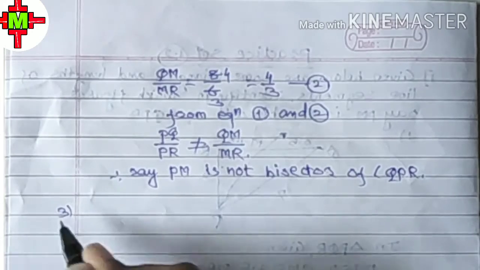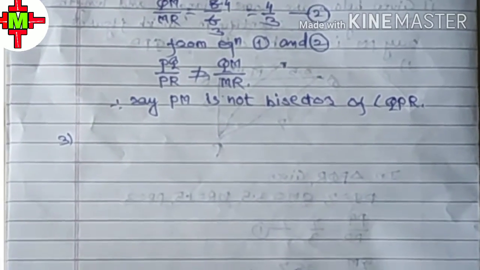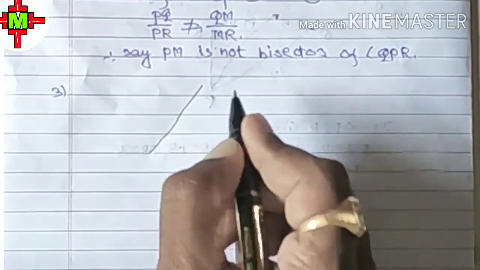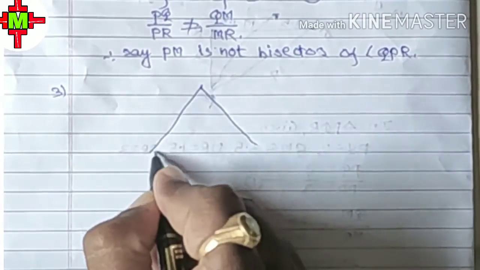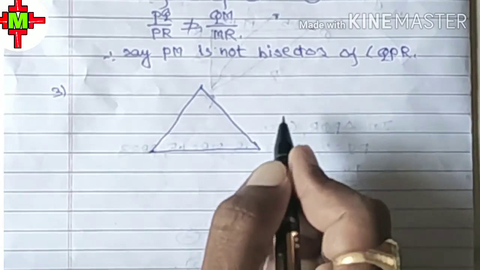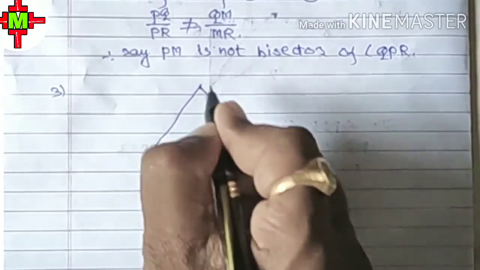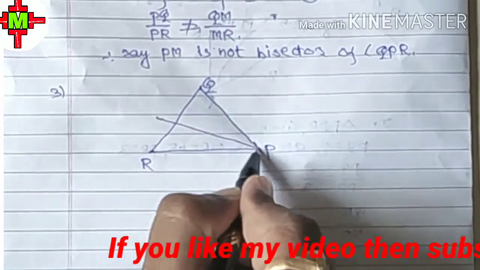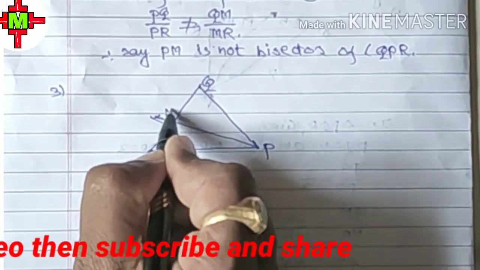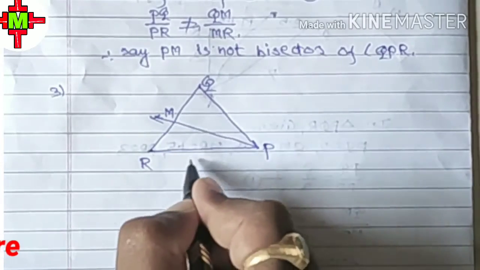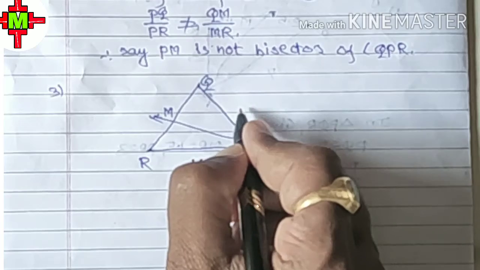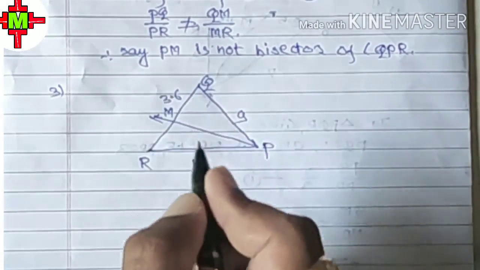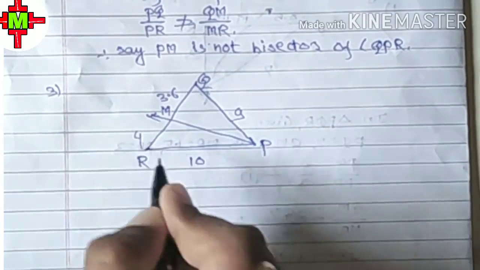Now third example. See here. The third figure is again triangle PQR. Here PR 10, PQ 9, QM 3.6 and MR 4.